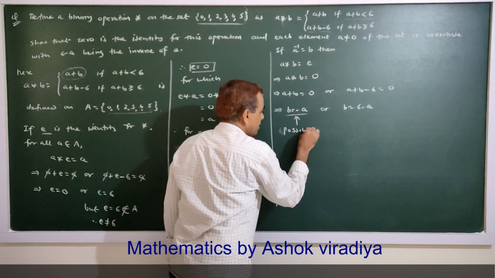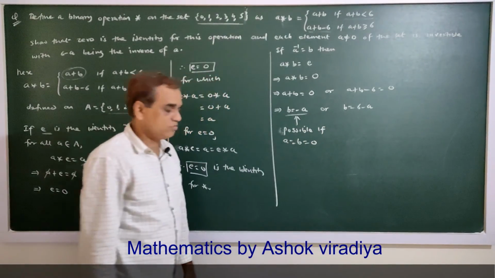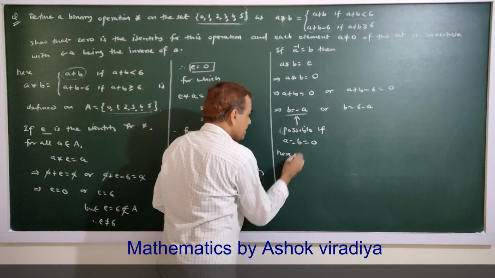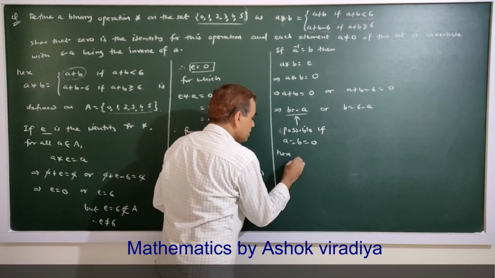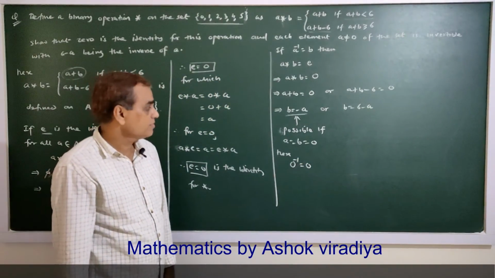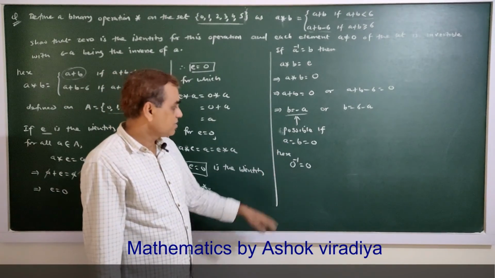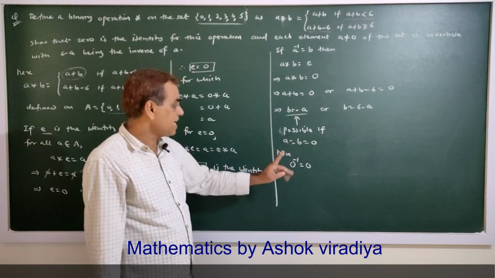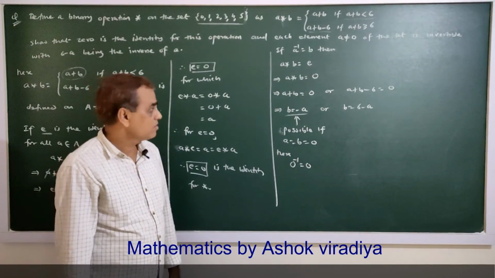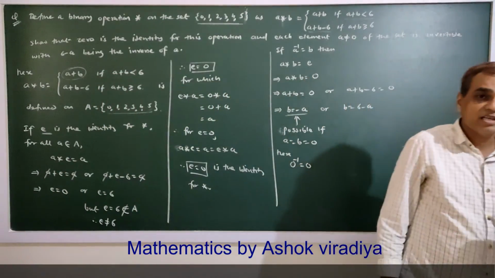So this means what is proved is that 0 inverse is 0. B is inverse of A, so inverse of A is B, that means inverse of 0 is 0. That part is clear.